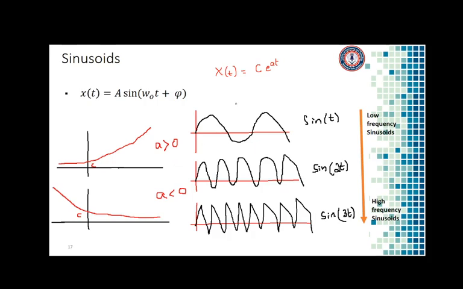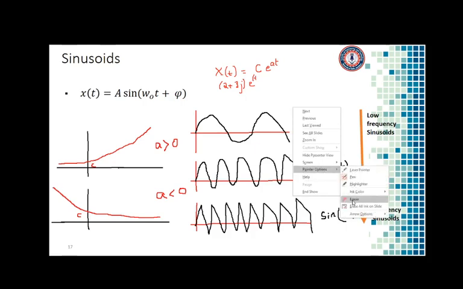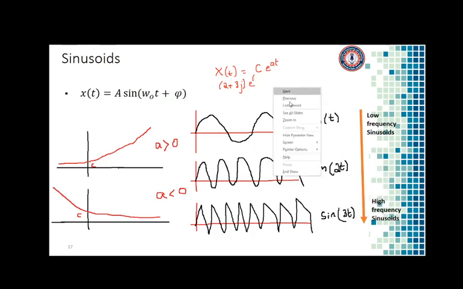Let me write here: if I have something like 2 plus 3j and e to the power of minus 1 minus 2j times t, this is quite a complicated equation to handle, right?